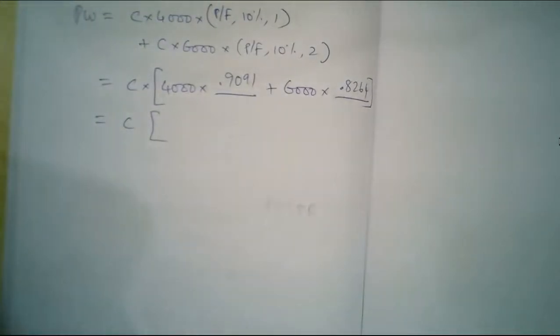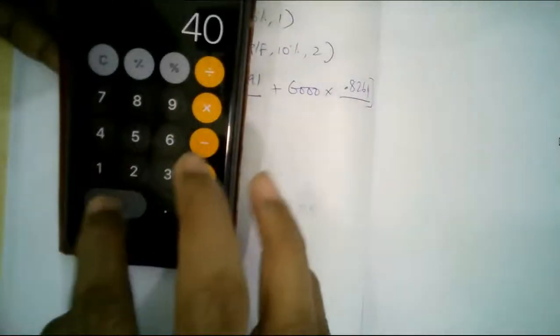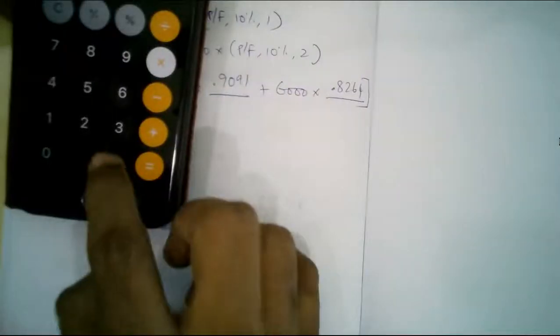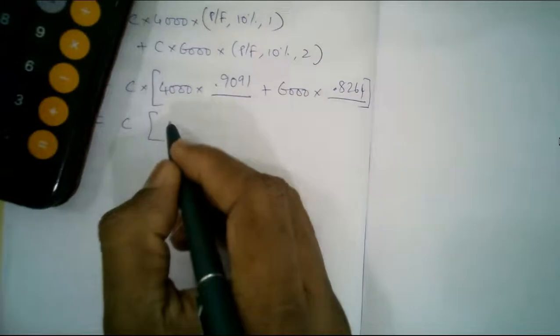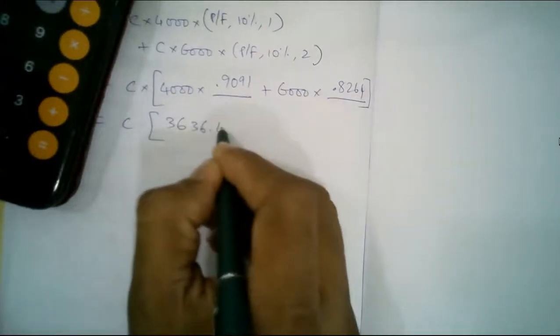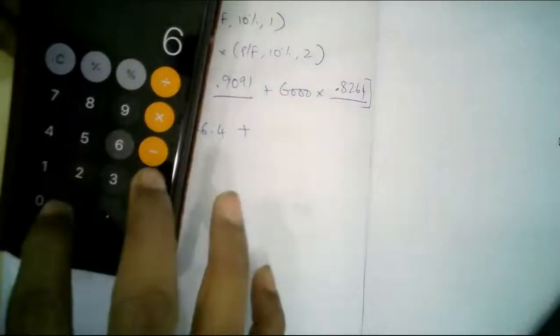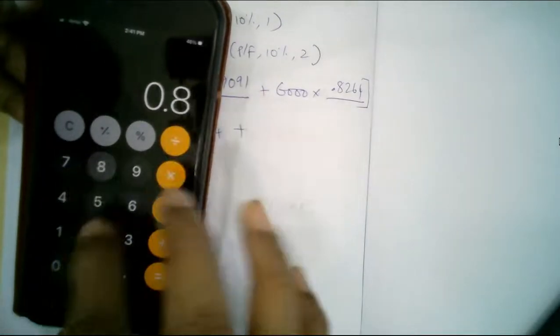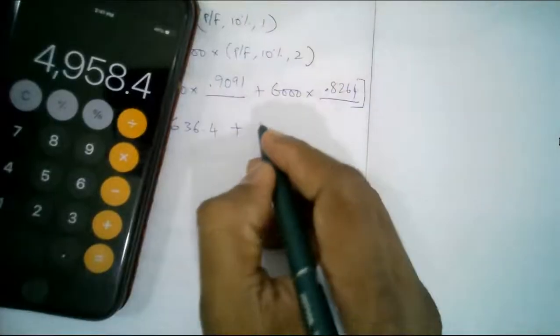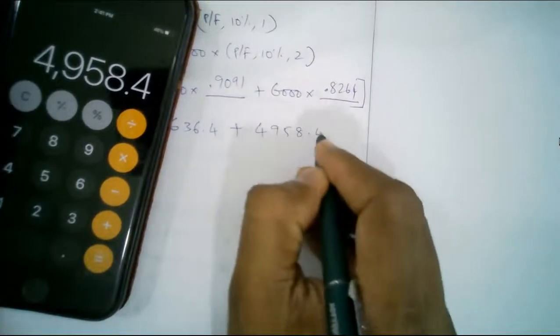4,000 multiplied by 0.9091 gives 3,636.4, plus 6,000 multiplied by 0.8264 gives 4,958.4.